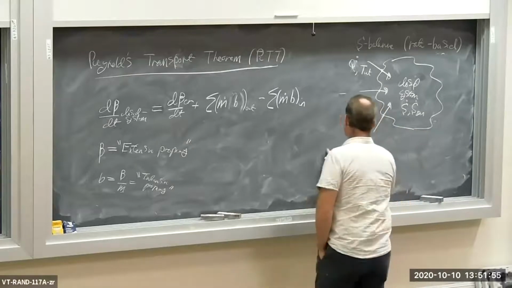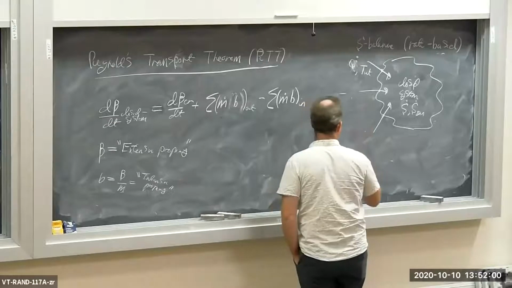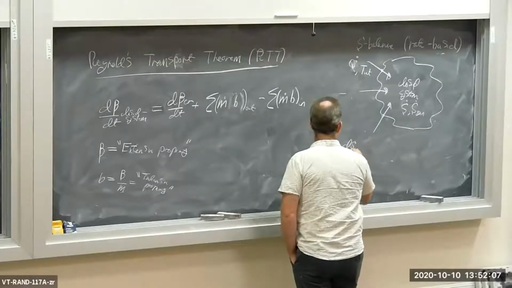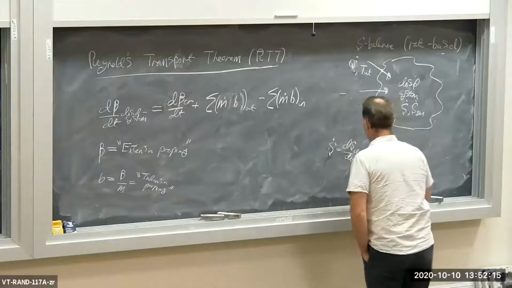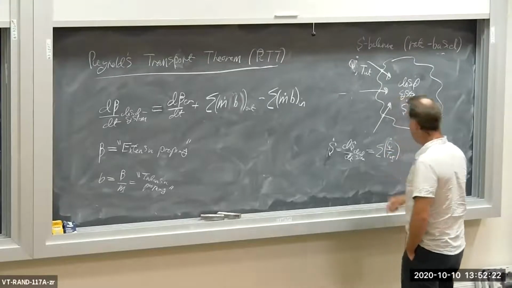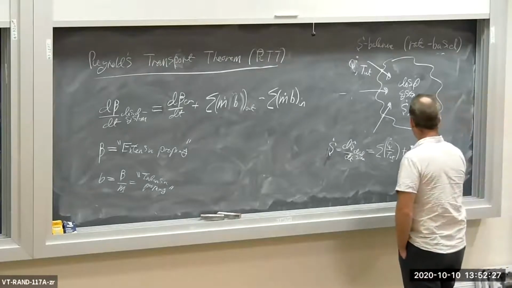So the S balance on a rate basis for a closed system is S dot, or if you like, dS/dt in my closed system, is equal to the sum of Q dot over T interaction over all heat transfers plus S dot gen.